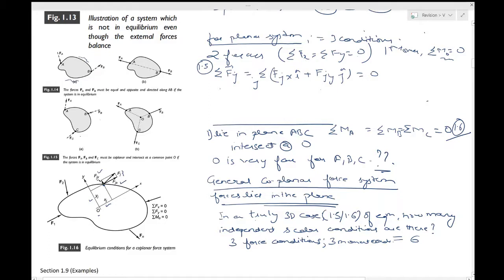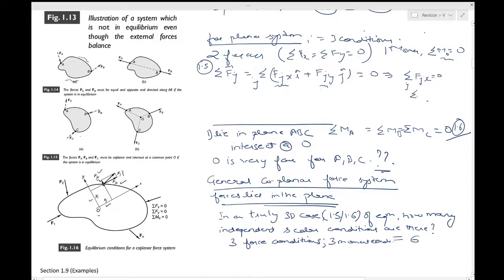This would imply that sigma Fjx is equal to 0. Remember, Fjx is a scalar, okay? i cap and j cap are vectors, Fj is a vector, but Fjx and Fjy are scalars over here. So this is equal to 0.